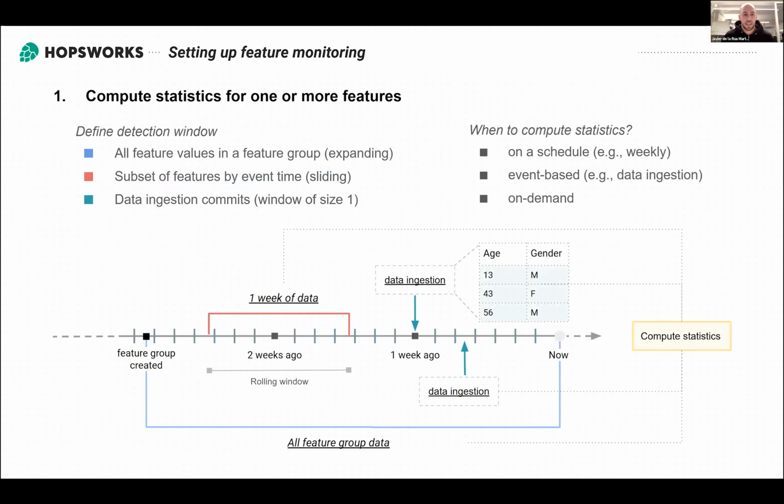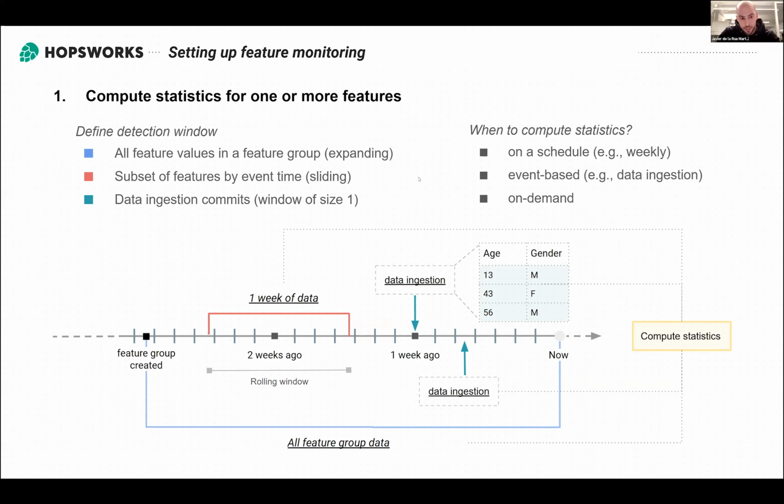So then let's see how to set up feature monitoring using these windows that we just mentioned. The first step is to compute the statistics on one or more features. For that, we have to define our detection window. There are different ways to do this.